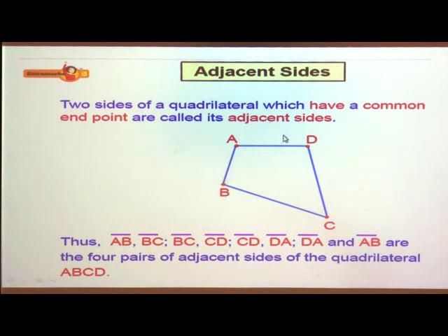There are pairs of adjacent sides: AB and BC have the common point B, BC and CD have the common point C, CD and DA have the common point D, and DA and AB have the common point A. These four pairs are the adjacent sides of quadrilateral ABCD.